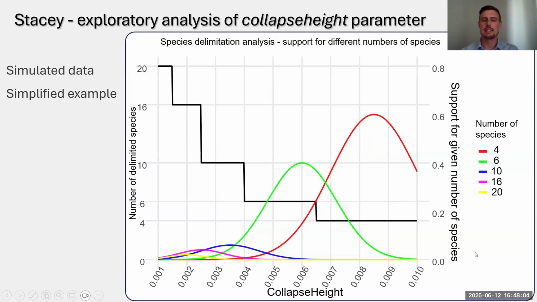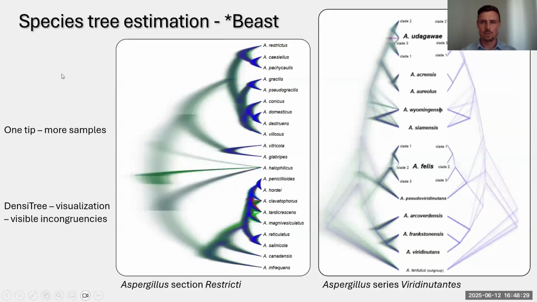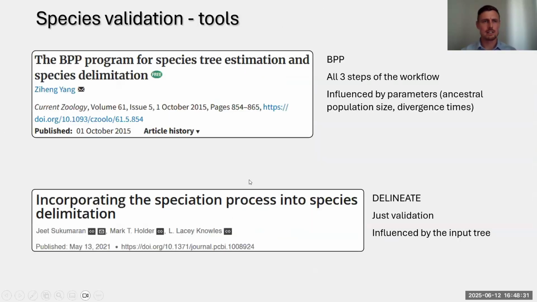It shows that at a low collapse height value you get scenarios with many delimited species but with very small support, and over to the right you get fewer delimited species but higher support.